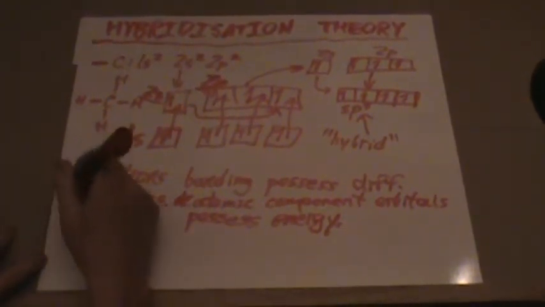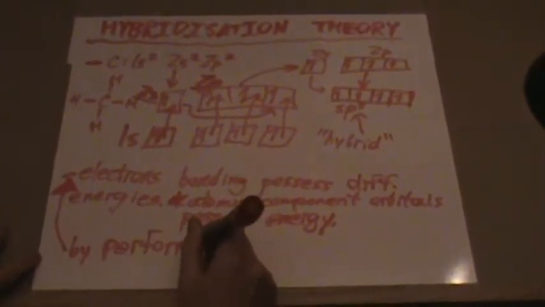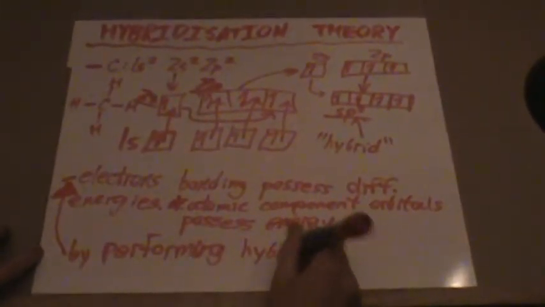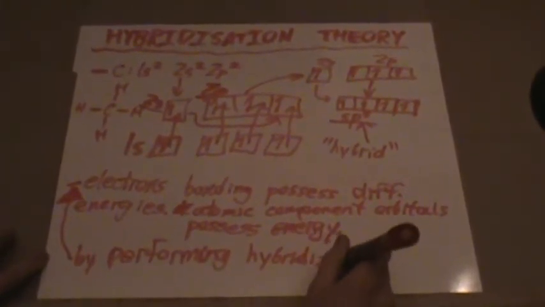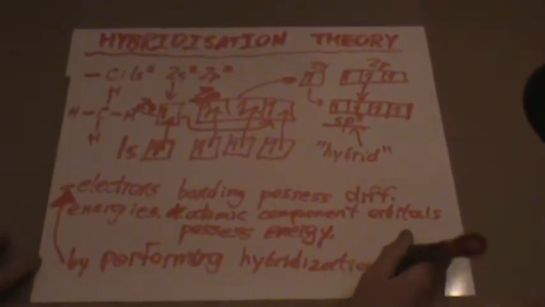By performing hybridization, we can almost call this process of transferring the electron and creating a new orbital hybridization itself, even though the theory is called hybridization.